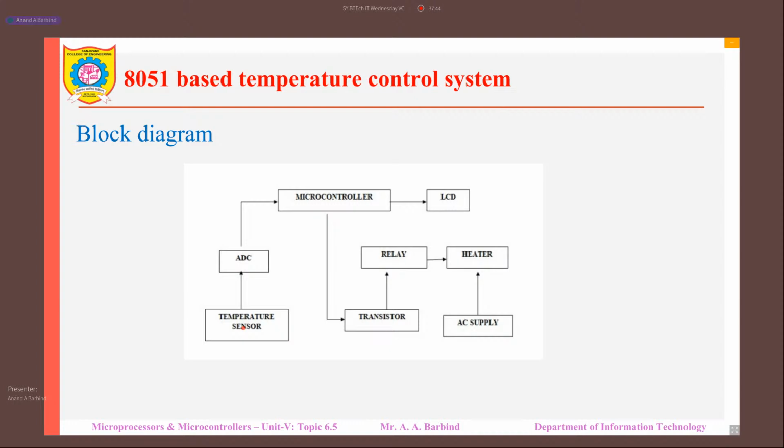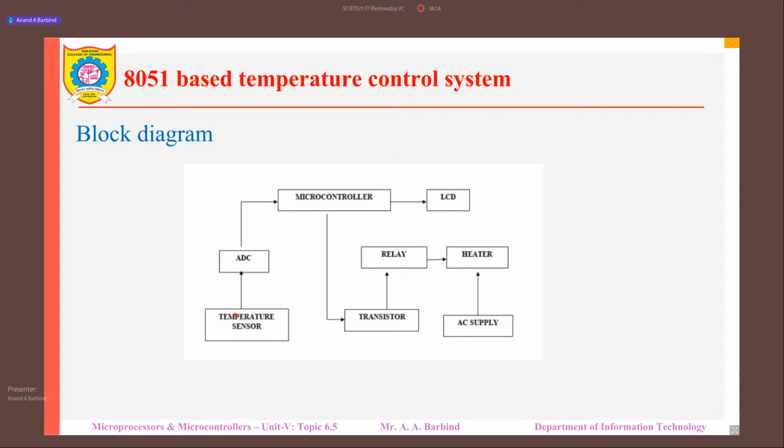That voltage is very low, usually in millivolts, and that millivolt is to be converted to volts by using some signal conditioning circuitry. So some signal conditioning will be present, and the output of that circuit will be in volts. For example, 0 volt to 5 volt.